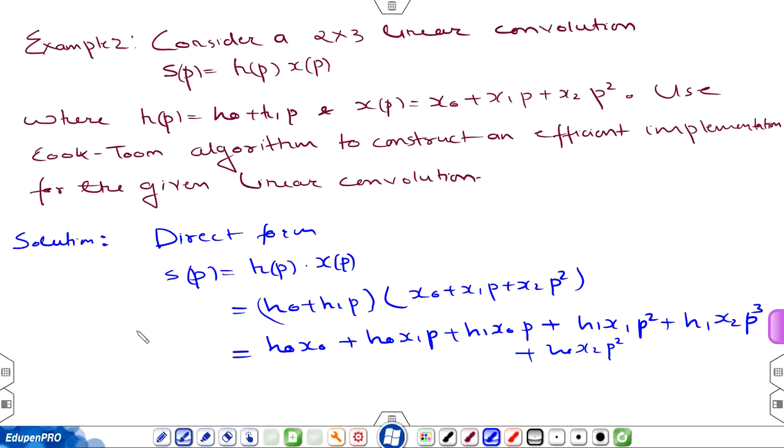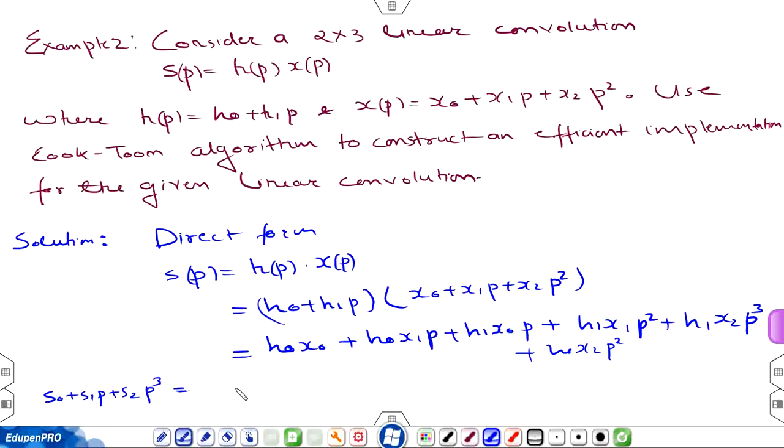So S(p) can be written as s0 plus s1 p plus s2 p square plus s3 p cube, as the degree of S(p) will be 2 into 1, that is 3. Highest degree will be 3.